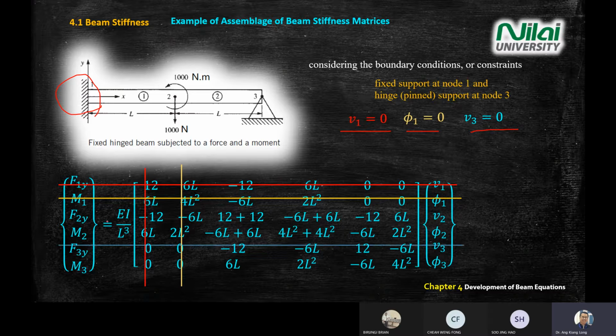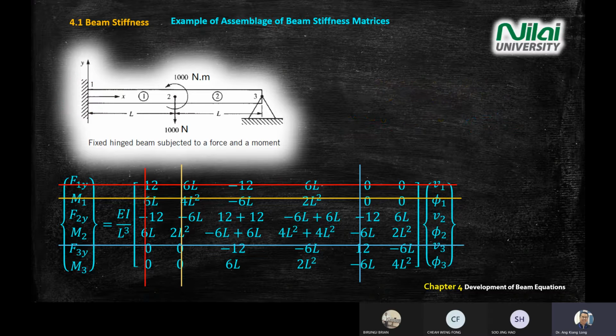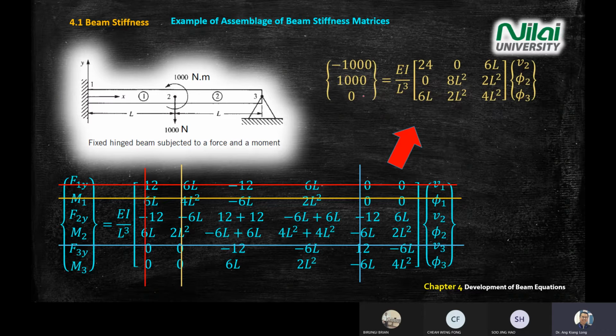All right, you close, and then you extract the remaining matrix into a simpler matrix. Then you solve for all the unknown. Because for this example, you reduce 6 equations into 3 equations here. So 3 equations and 3 unknown. This is the unknown that you need to solve. So you solve for this unknown.